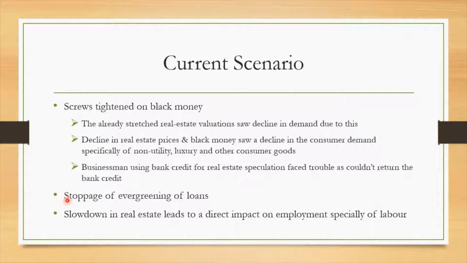Also related to that has been the stoppage of evergreening of loans. What happens in this is, let's say, a businessman or any person of influence goes to the bank, gets a loan of X amount for 5 years, and invests in property, thinking that 5 years down the road the valuation of the property will increase, he would sell it, give back the loan, and keep the profits.